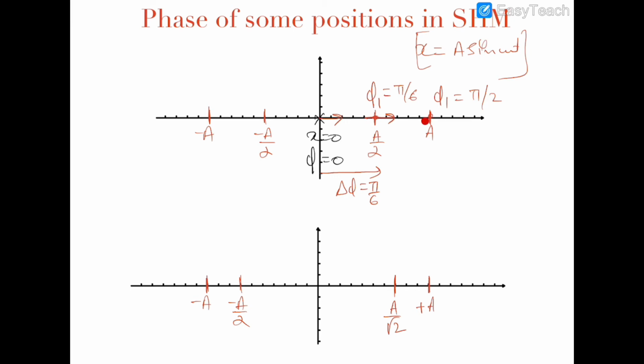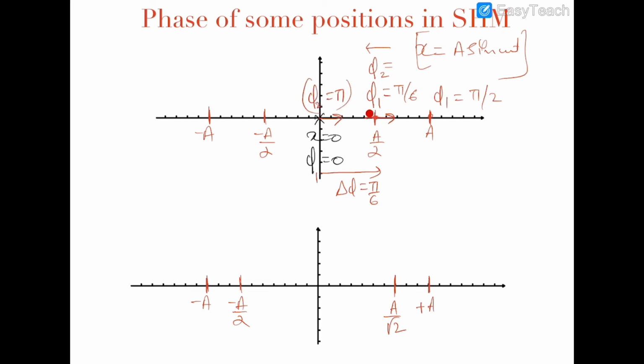Now the particle comes back to this position a by 2. So we can see that when the particle is on a by 2 and it is moving in the backward direction, the phase at this position, phi 2, can be calculated by a technique. The technique is the fact that we know that when the particle starts from this position and returns back to this position, then the phase of this position the second time when it returns back is equal to pi.